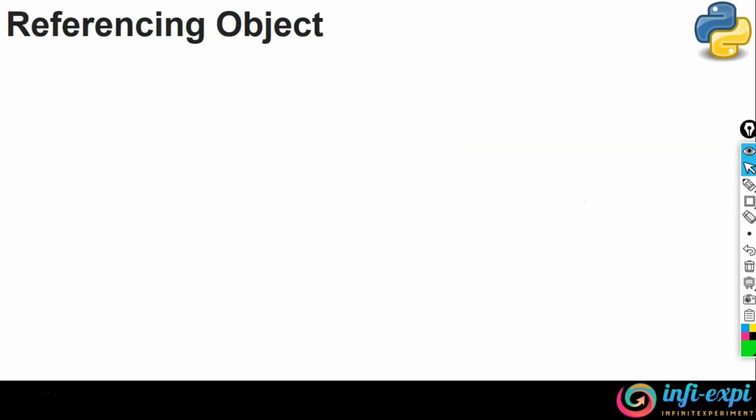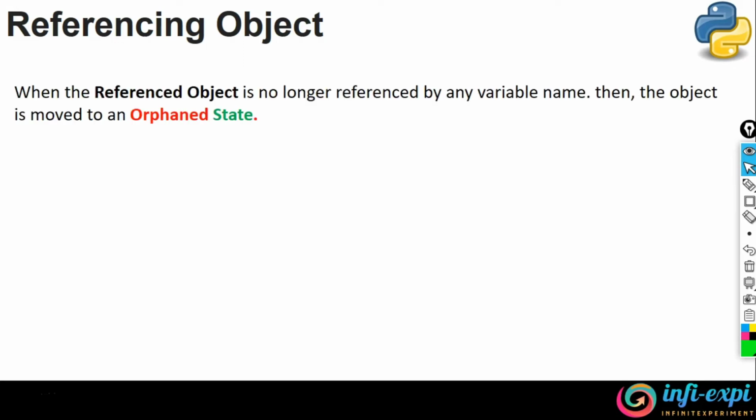So here, if you look at the steps involved in the garbaging of an object: when a referenced object is no longer referenced by any variable name, the symbolic name which I'm talking about, if no variable names are pointing to that particular referenced object, then the object state is moved to an orphaned state.